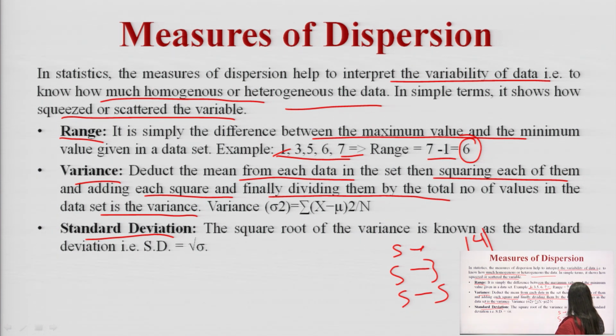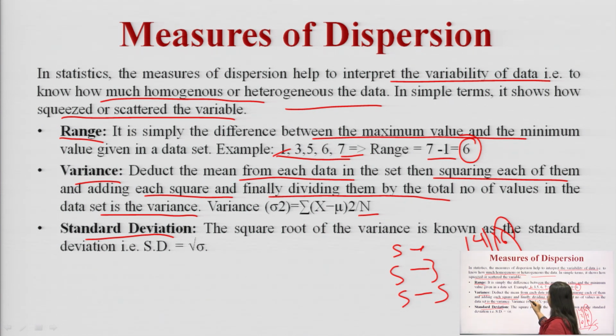All the values you get, you square: 16, 4, 0, and so on. At the end you add all these values and divide by the total number. So this is basically the variance.